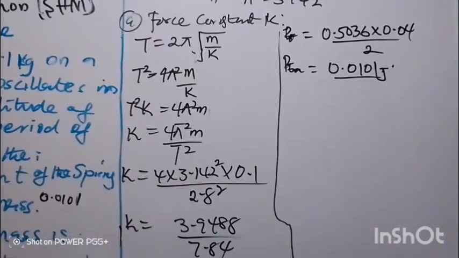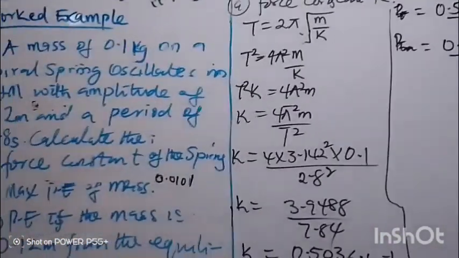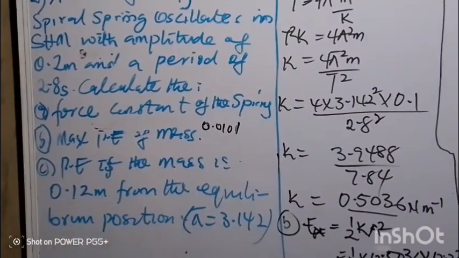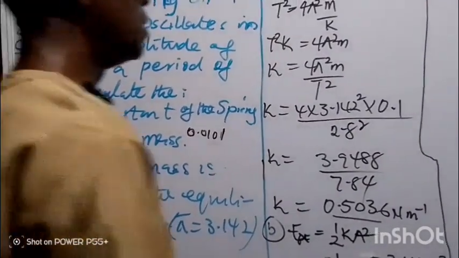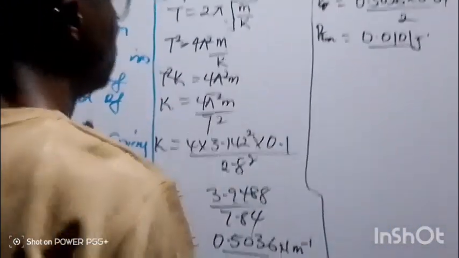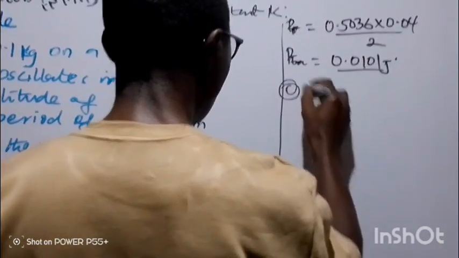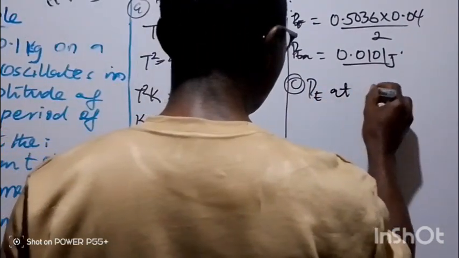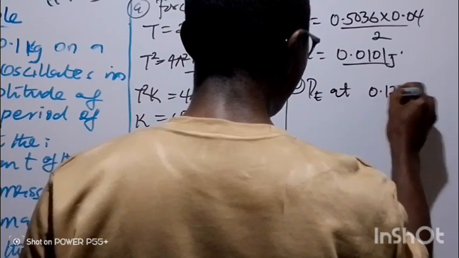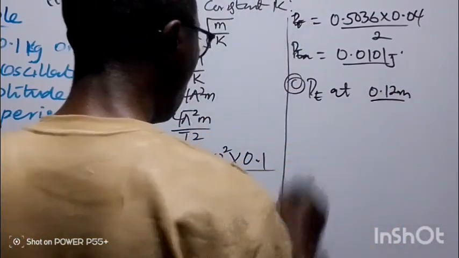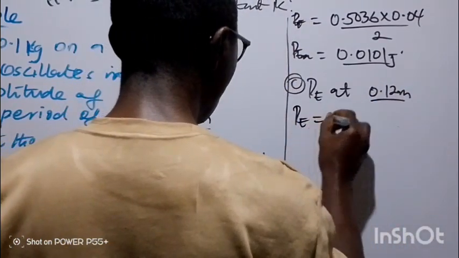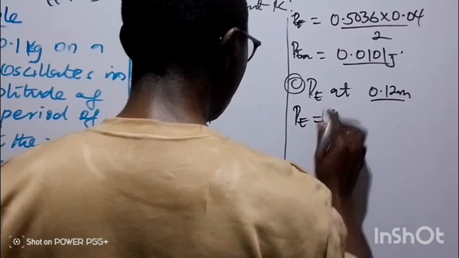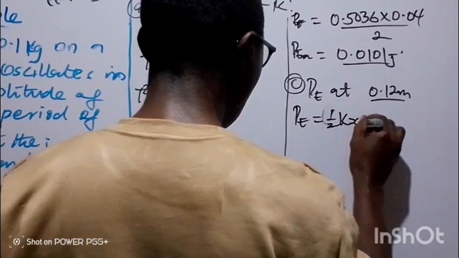The last question is the PE if the mass is 0.12 meter from the equilibrium, that is x. So question C, PE at that point at 0.12 meter. That will give us PE equal to half Kx squared.